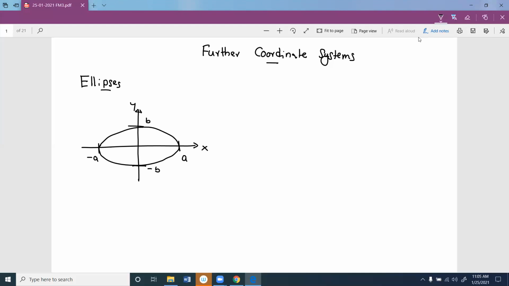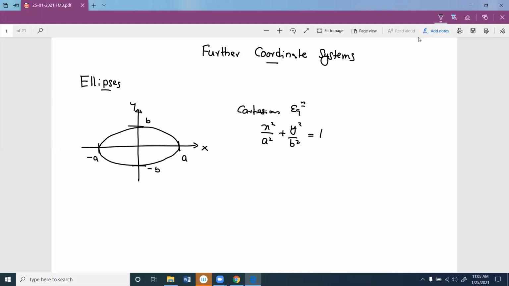Then the Cartesian equation of an ellipse: you can say x squared over a squared plus y squared over b squared equals 1.